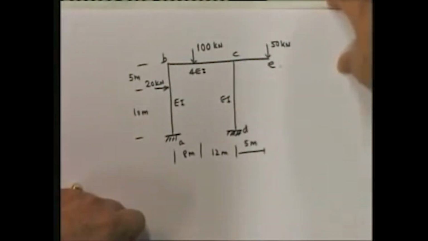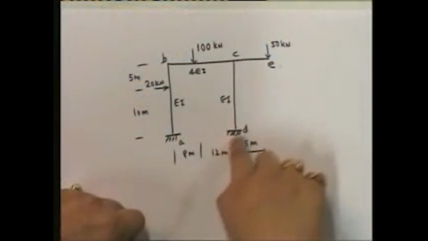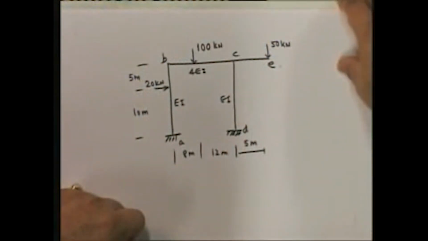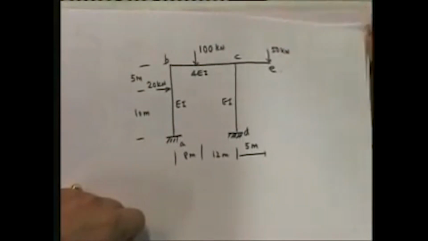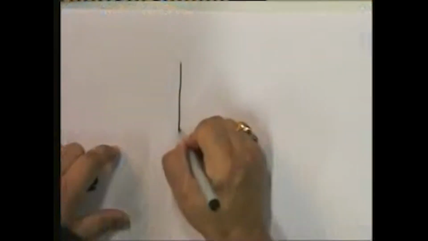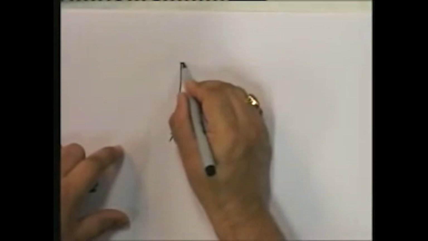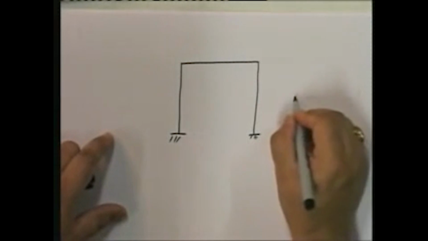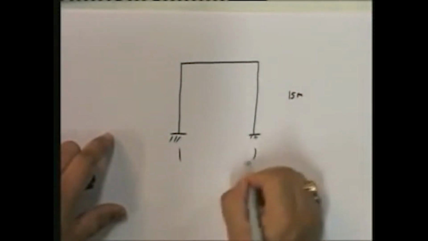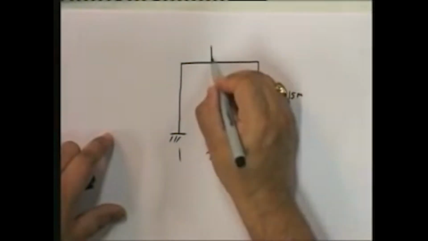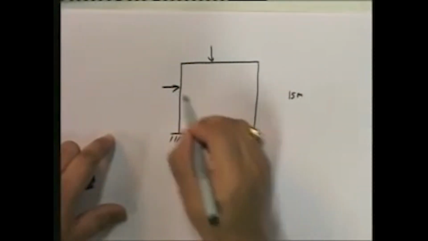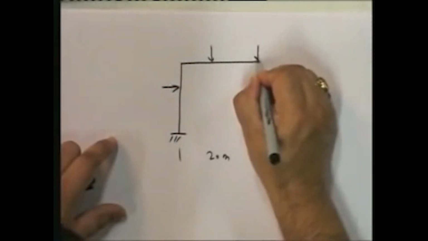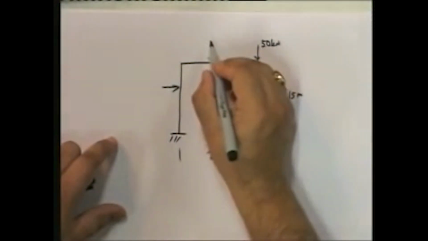So with this problem, I need to only solve A, B, C, D, given that the loading from CE comes out to be this. I can solve this problem. With 15 meters and 20 meters, this load I can transfer here as 50 kilonewton.